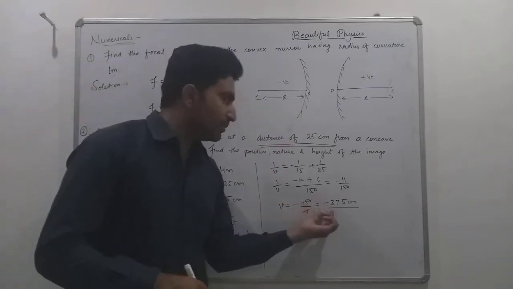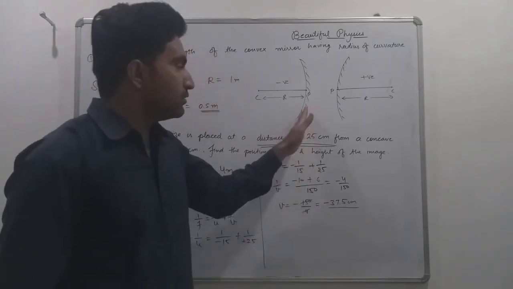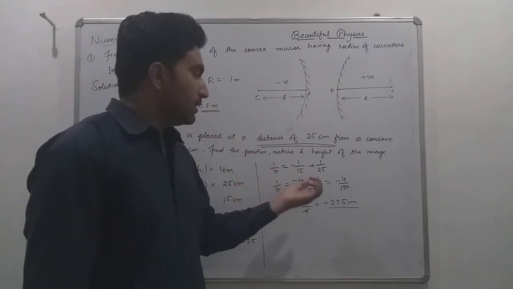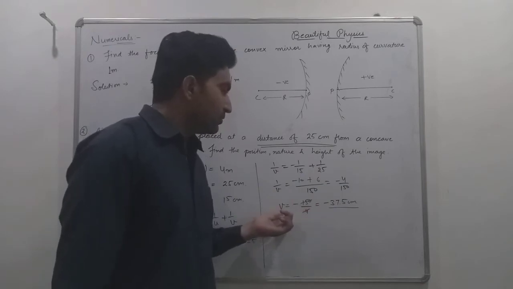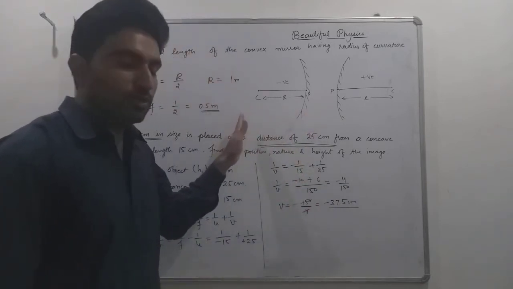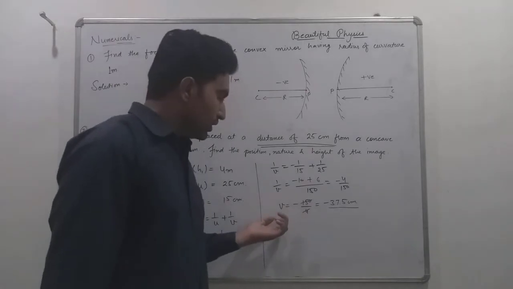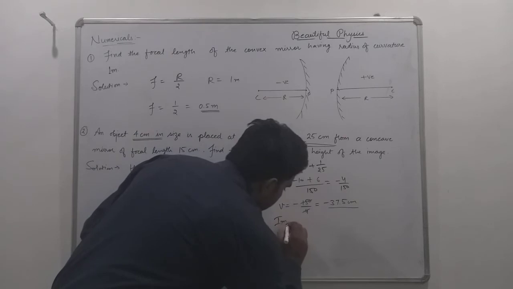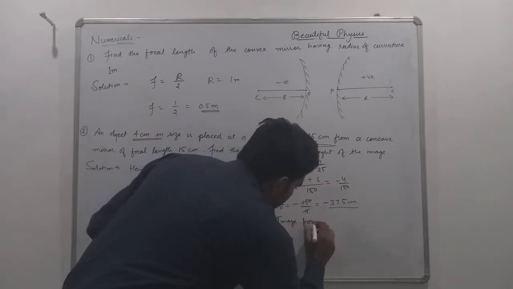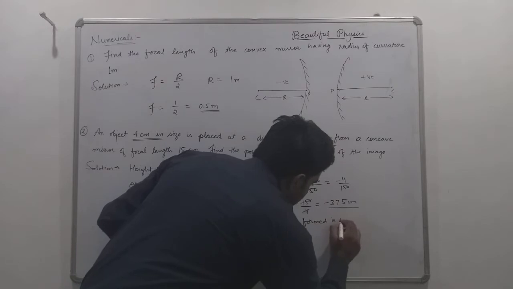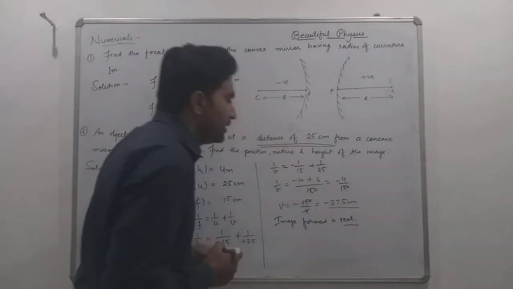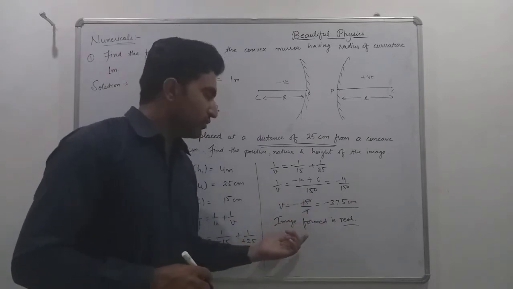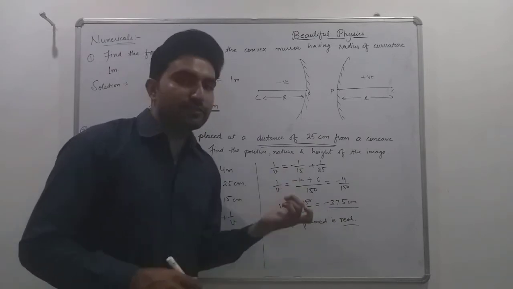Here the negative sign represents that the image formed is also towards the left side of the pole, and if the image is formed towards the left side of the pole, then it will be a real image. So we can conclude that the image formed is real. Here is the position and the nature of the image. The image formed is real because it has a negative sign.